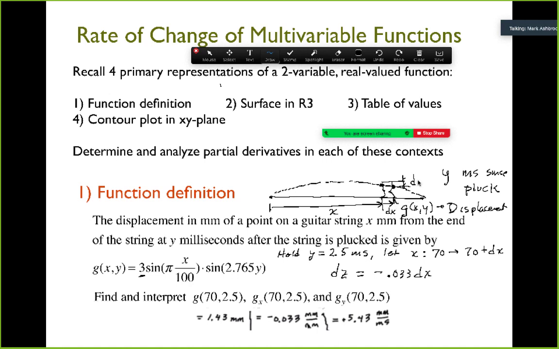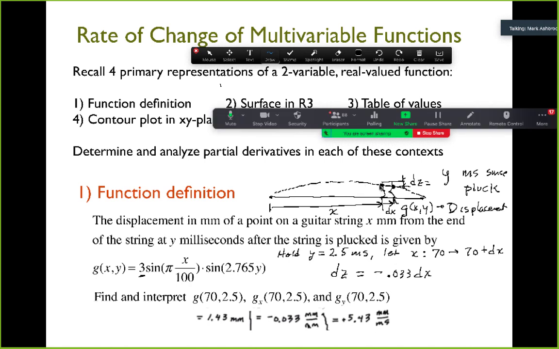Well, it gets this rate of change times as much as our dx, right? So the amount that it moves closer is the rate times the little dx that we picked. So if that dx was a small value, then we wouldn't get much change in z. It'd be a shallow change.